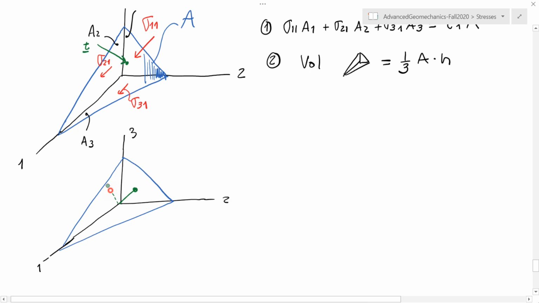And let me write this over here. This distance is h. When I multiply the height times the area, I get the volume.